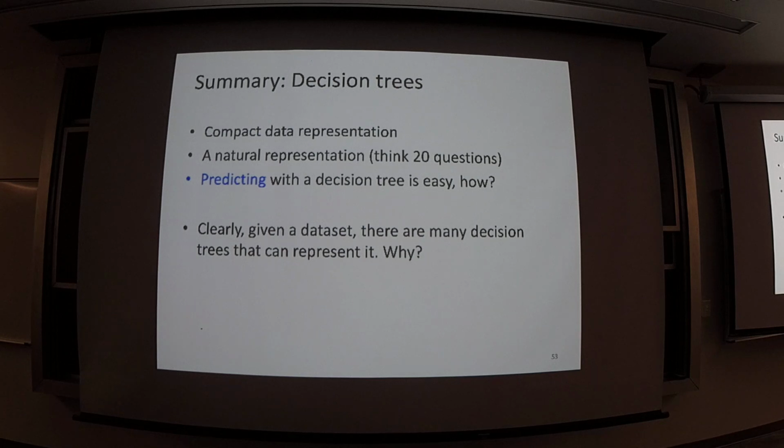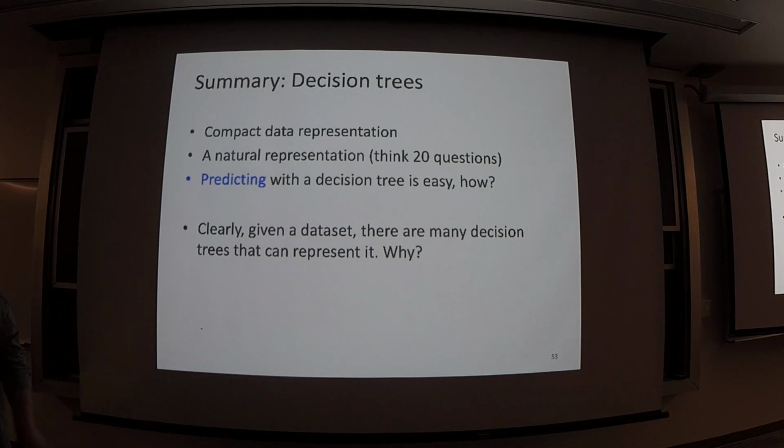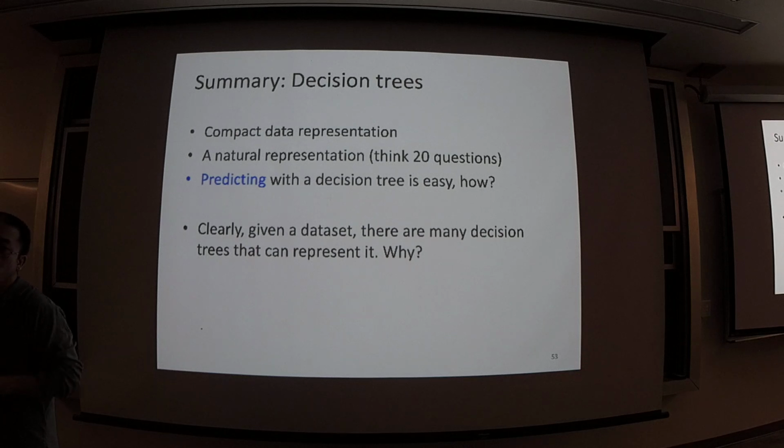And this question is important. Clearly, given the data set, there are many decision trees that can represent it. Some students asked this question in the last lecture. Take the color and shapes as an example. We create our tree first using color, and then use shape. If we reverse the order, we first use shape to split the data and then color, and you'll end up with totally different decision trees.